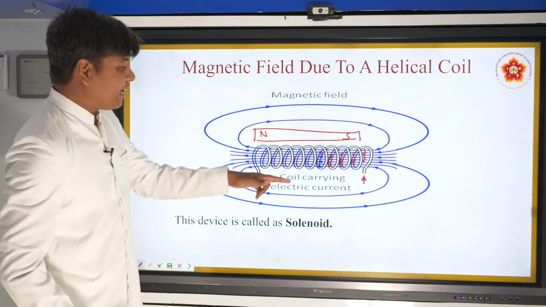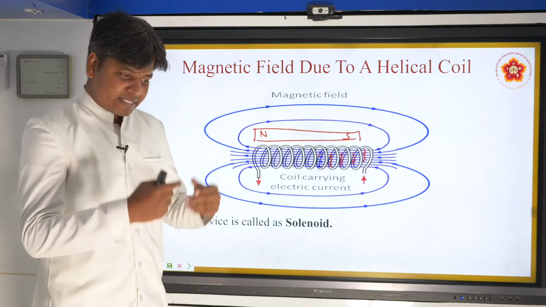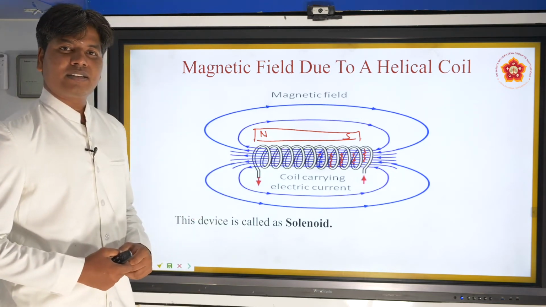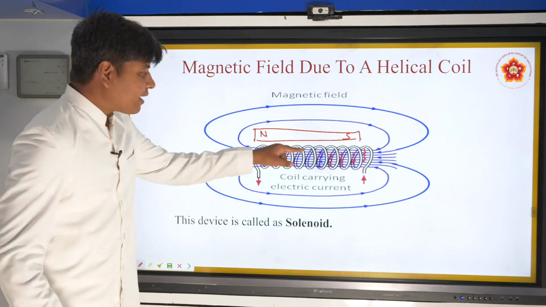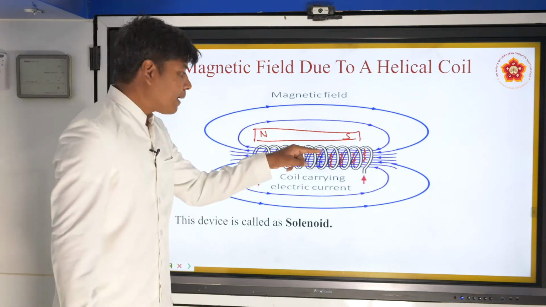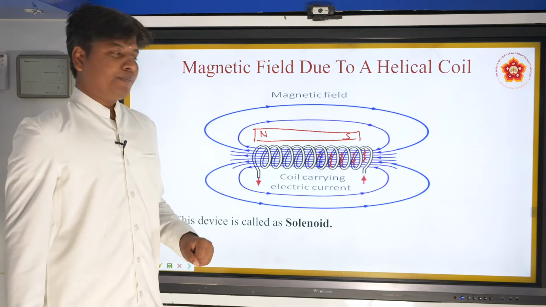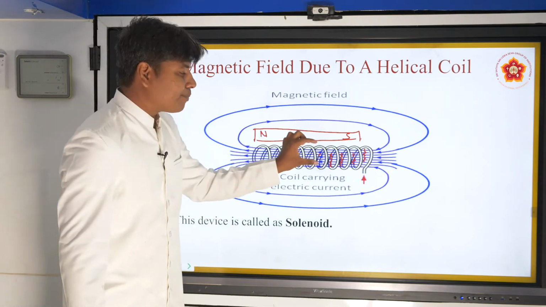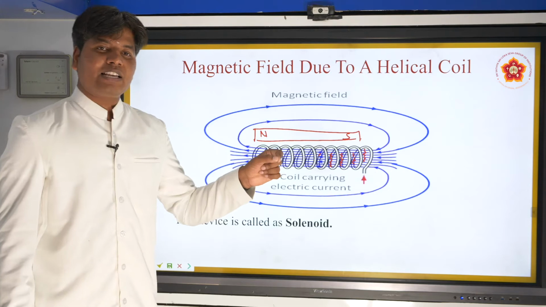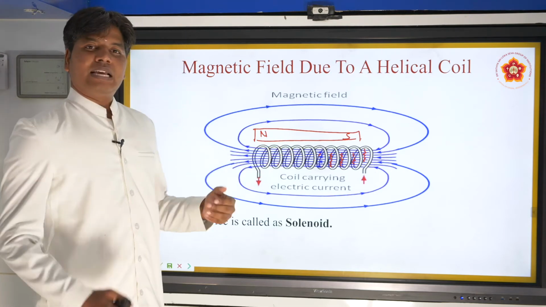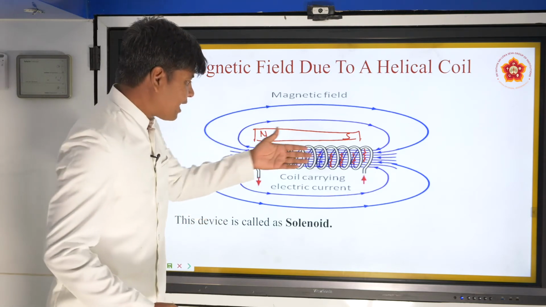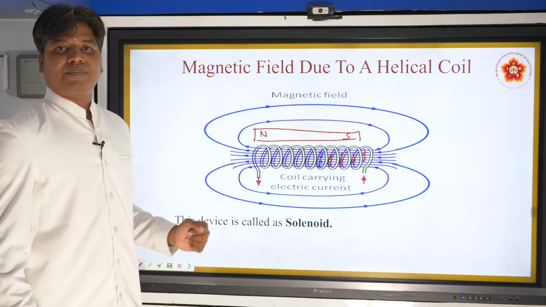And how are the field lines inside the coils of the solenoid? They are uniform and they are parallel to each other, because every coil contributes the same magnetic field in the same direction. They will all merge, add up and form parallel lines.